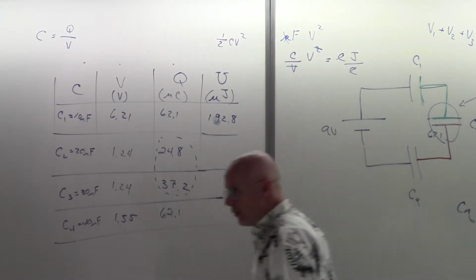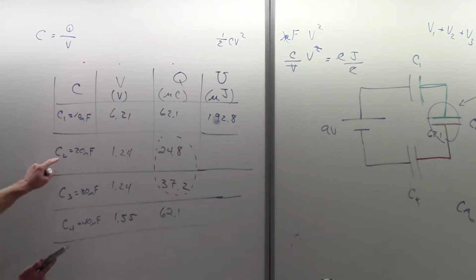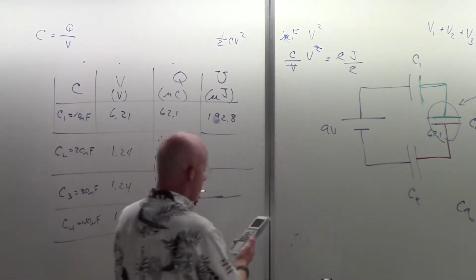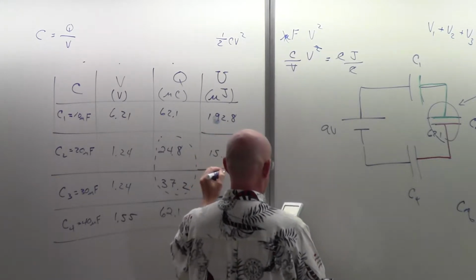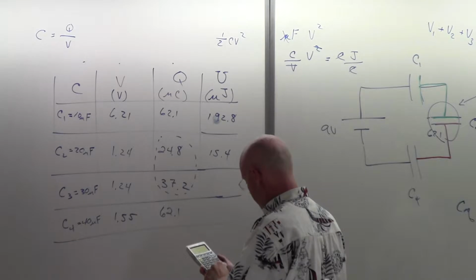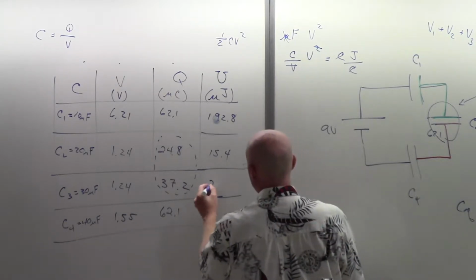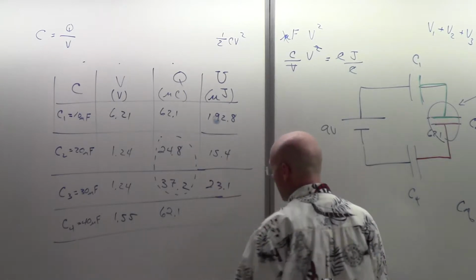And we could go all the way through here and do exactly the same thing for the other ones. 1/2 times a 20 times a 1.24 squared comes out to be a 15.4. 1/2 times 30 times 1.24 squared comes out to be a 23.1.